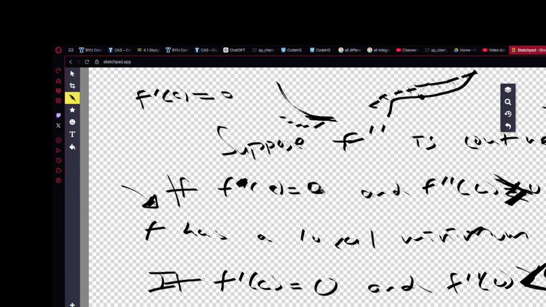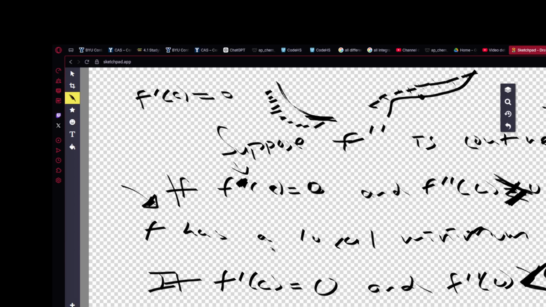And because f prime of c is equal to 0, the slope cannot have been positive beforehand, because adding a positive to a positive just makes it more positive, and it would never hit 0. So that means the slope had to be negative beforehand, such that f prime of c equals 0.